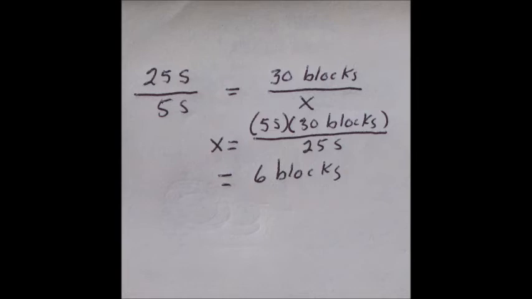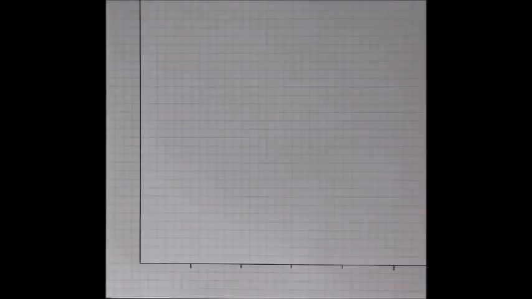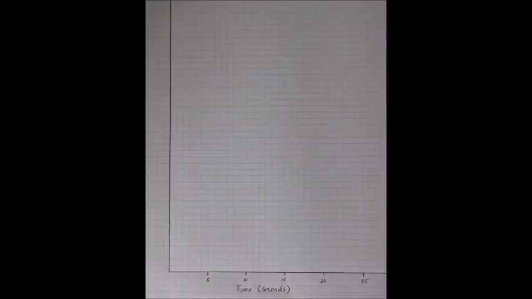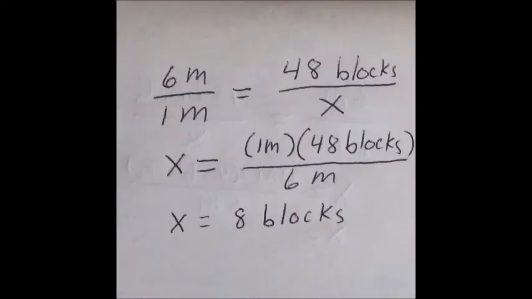My ratio says that every 6 blocks will be 5 seconds. On my graph paper, on the axis that will represent time, I count off 6 blocks, and each 6 blocks make a tick mark. I can then label the tick marks and write the axis label for the horizontal line, including the unit.